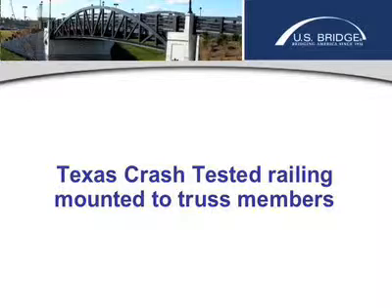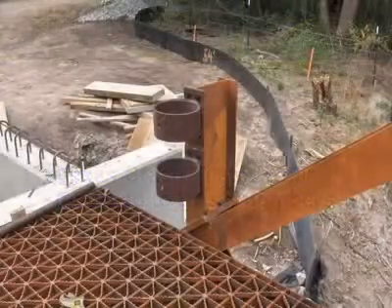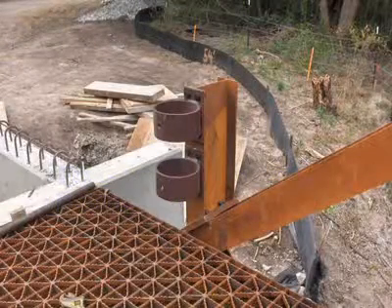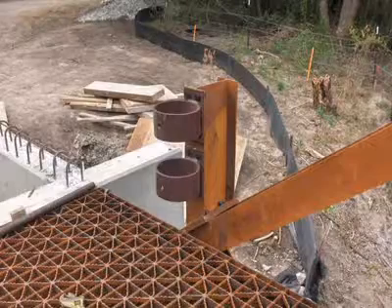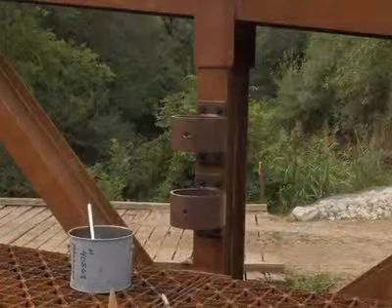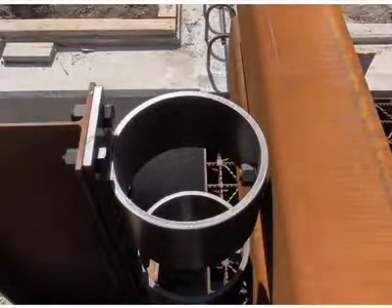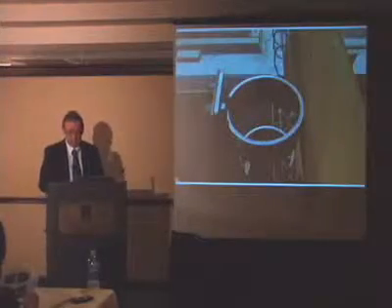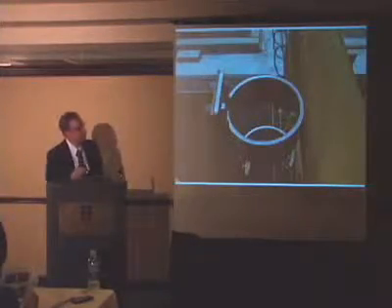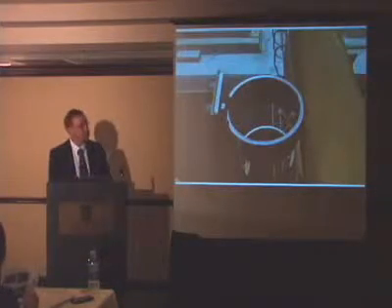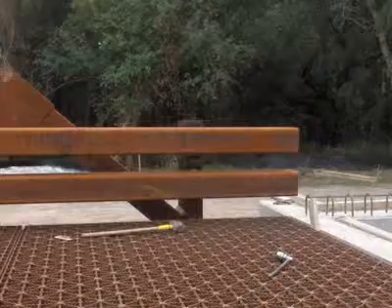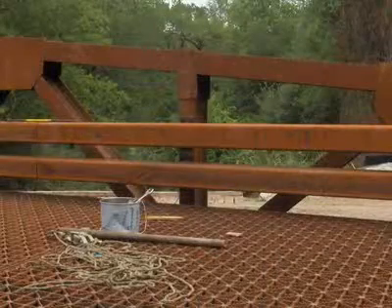Texas has been doing a truss-mounted crash testing for a rail system. They have a rail that mounts to a bracket on the batter post and each of the verticals. That tube is a Schedule 80 steel pipe, about 10-inch diameter, mounted to the vertical off the batter post, and this is a 6x6, I believe it's a 3/8 thick tube.